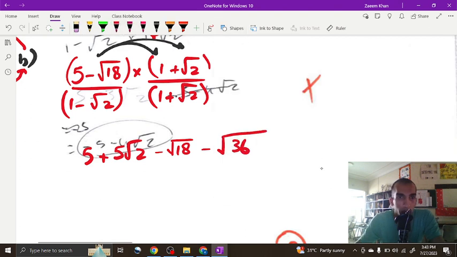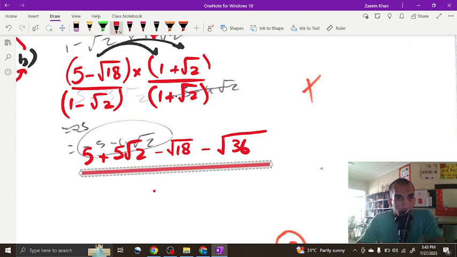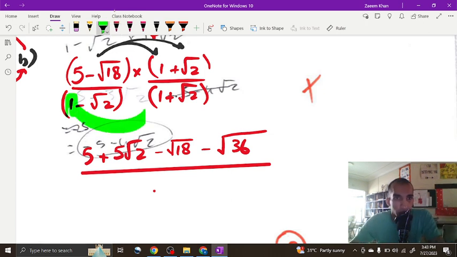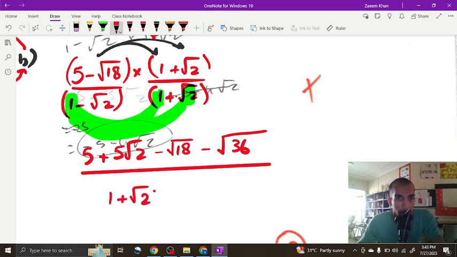What's gonna happen in the denominator? Same process. So just 1 plus square root 2. Next.